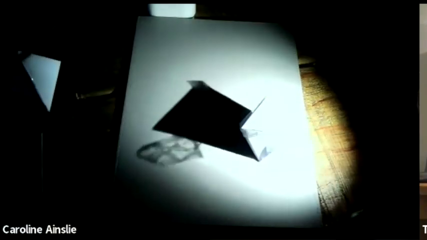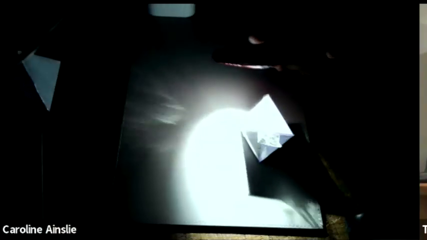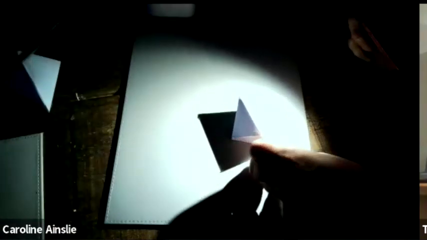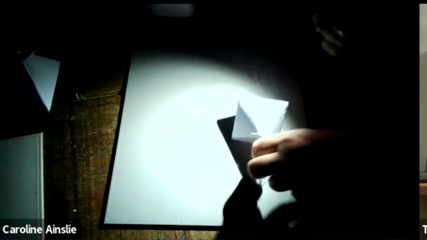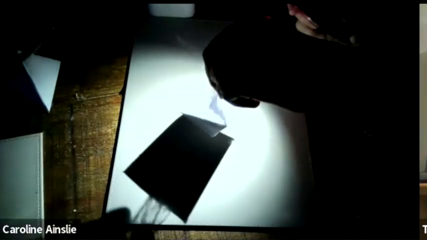Well, that's a nice kite. This is a very bright light, we had to make it bright. But if you look at the top of an octahedron, it is actually a square. There it is. The cross section is a square. So you can make a square shadow with an octahedron.